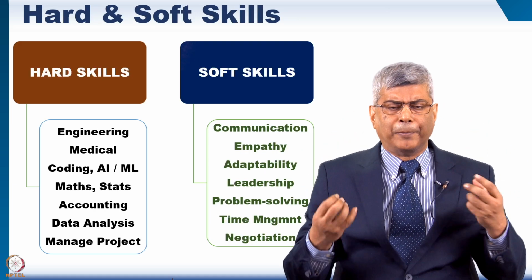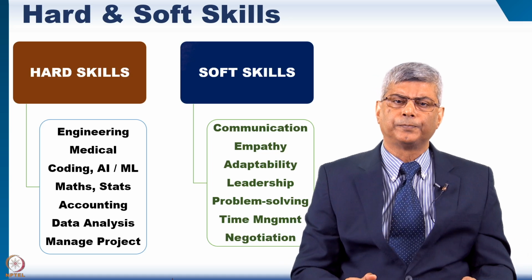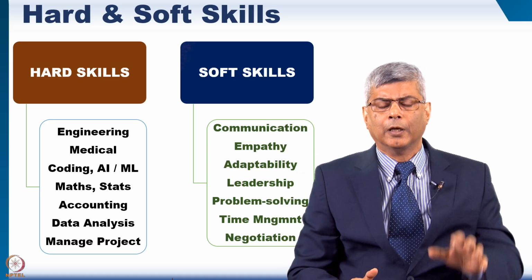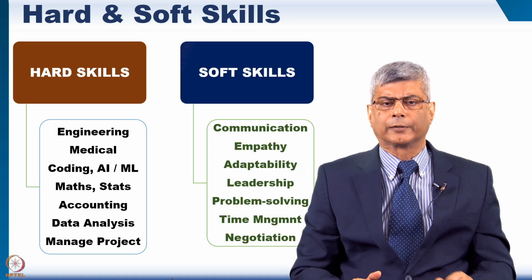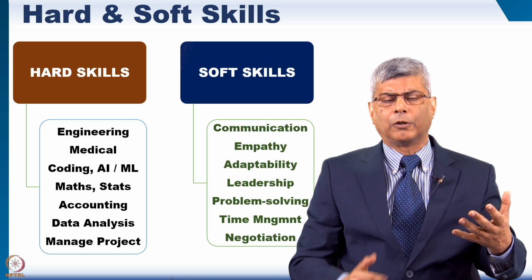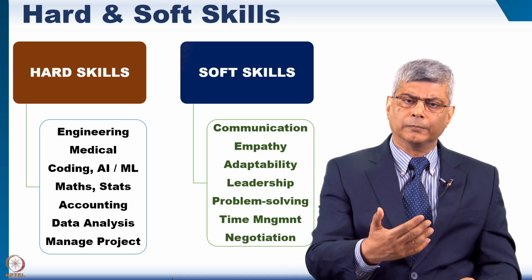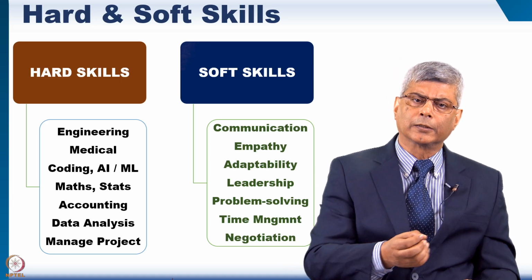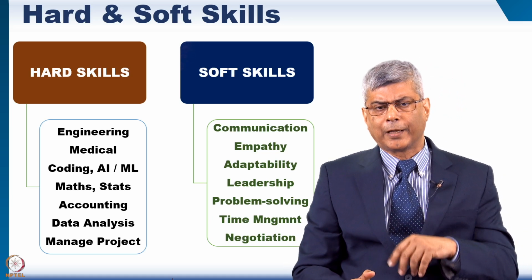Now I come to skills, your ability to do things. The ability to swim versus understanding the theory of swimming. And in skills, there are hard and soft skills. Hard skills, especially if you're a student, all of you will have: coding, electrical engineering, mathematics, statistics, physics, chemistry.